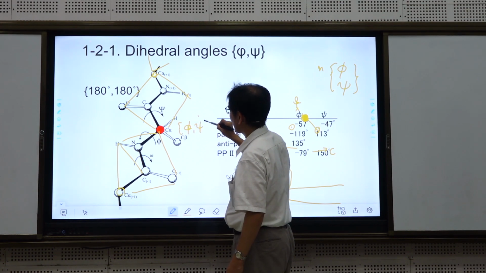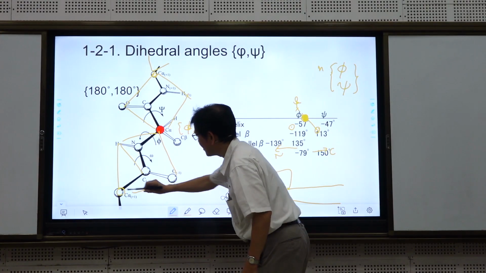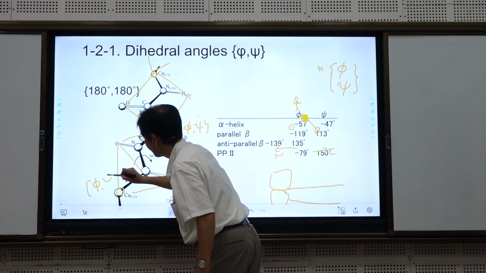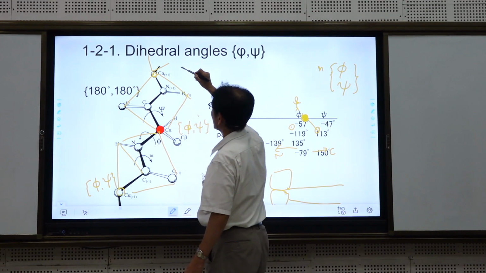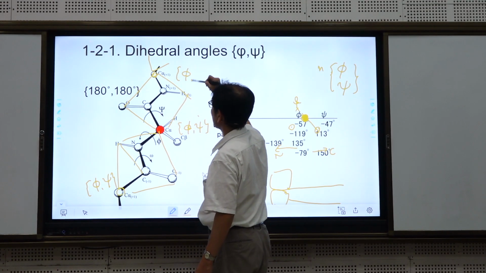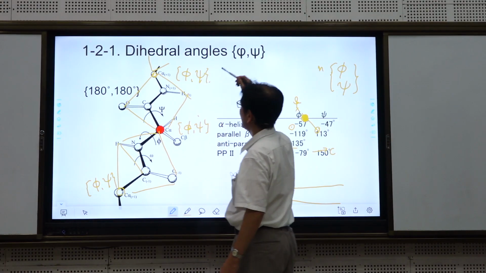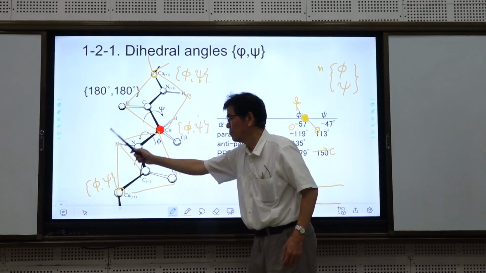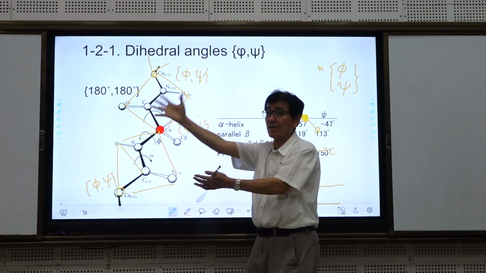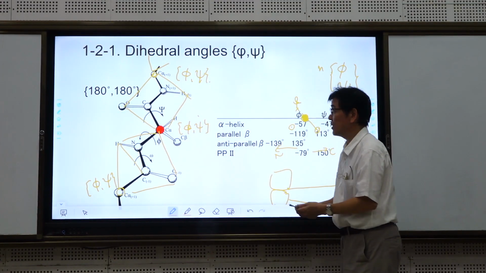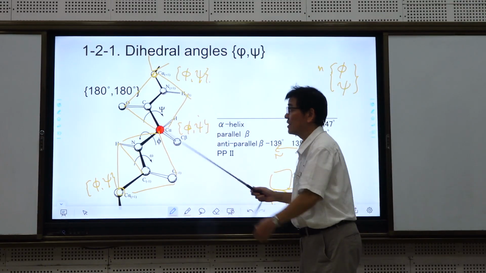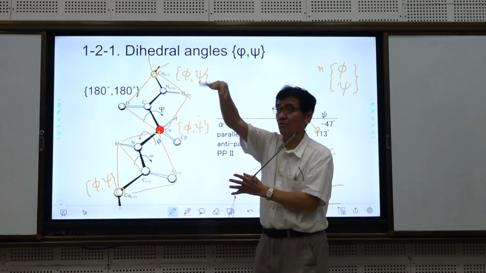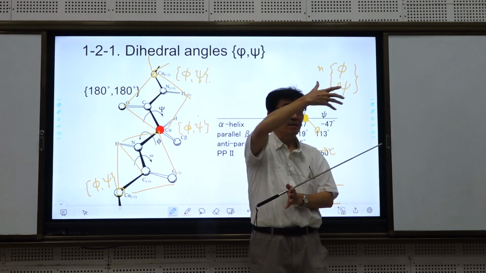About this carbon alpha, we can define phi psi. About this carbon alpha, we can define phi psi. So by specifying the dihedral angles, we can uniquely describe the extending direction of the peptide main chain.